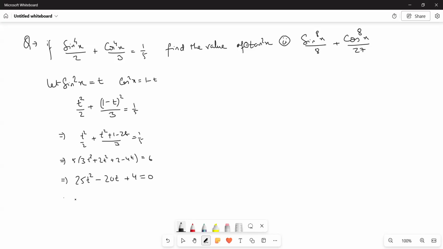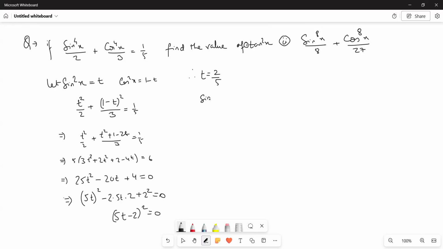This expression can actually be written in this form: 5t whole square minus twice into 5t into 2 plus 2 square is equal to 0. See, this is visible. So which is like saying 5t minus 2 whole square is equal to 0. Therefore what did t come out to be? t is 2 by 5.